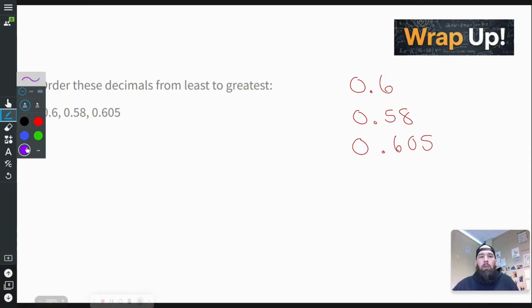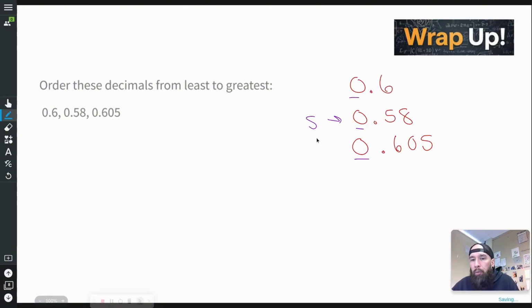All right, so you guys are the same. Now after the decimal, I have 6, 5, and a 6. Now, this 5 is smaller than both of these 6s, which means you are the smallest of the three. So the smallest of the three is going to be 58 hundredths.